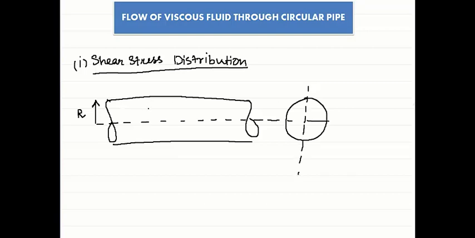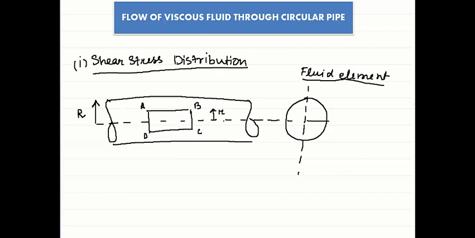And let us consider a fluid element. Of the entire fluid, we will take a very small portion of the fluid. Let us consider the fluid element to be A, B, C, D, which is at a distance of small r from the center of the pipe.